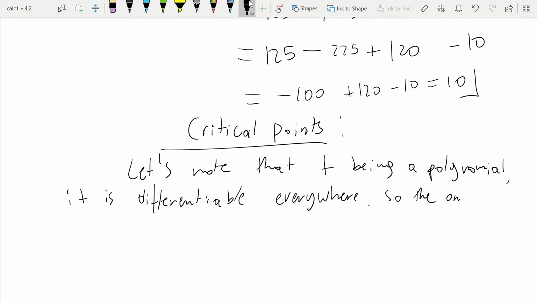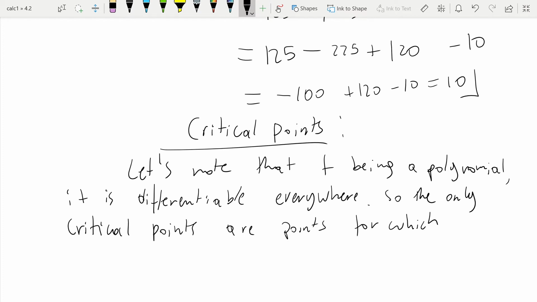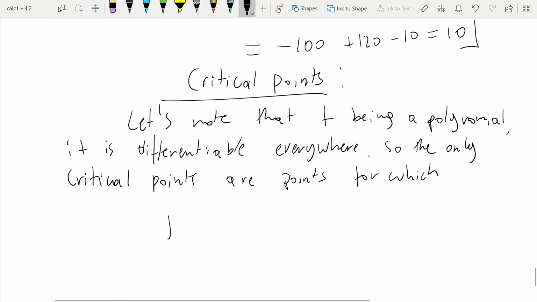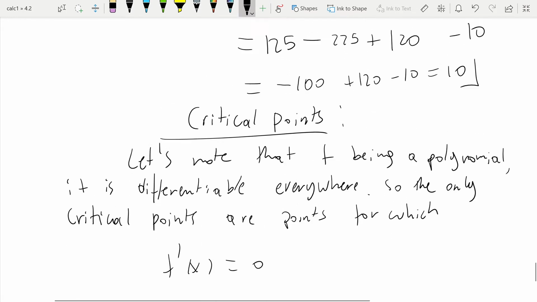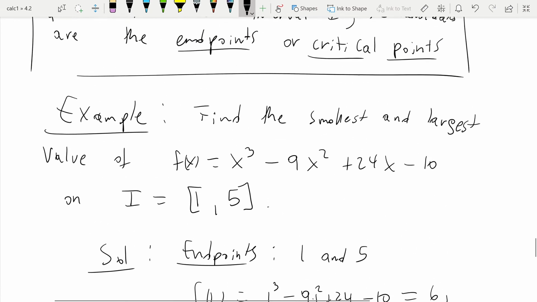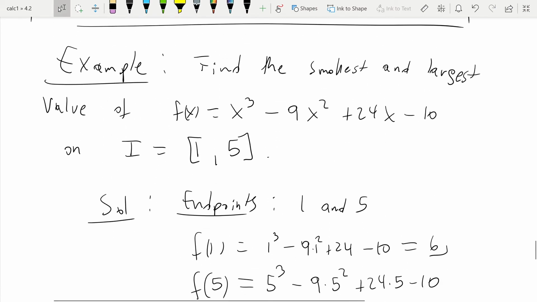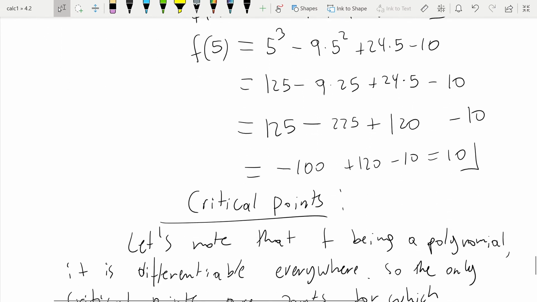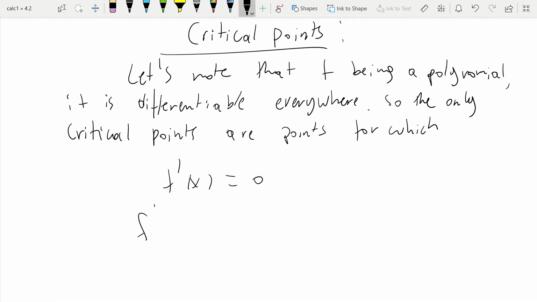So the only critical points are points for which the derivative vanishes, so points for which f prime of x is equal to 0. What is the derivative of f of x? f prime of x is 3x squared minus 18x plus 24.